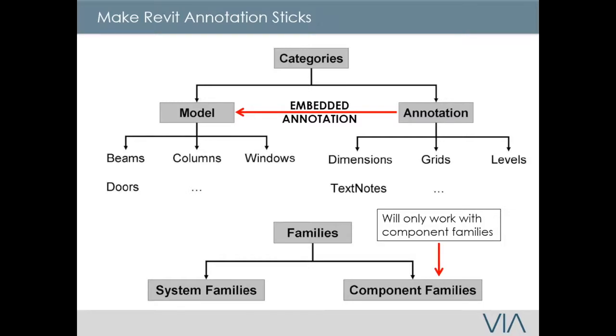Whenever you have a family itself, it will report back that information. The tag will always be there. Now, this will only work if you are in component families. It would not work with a system family. Here it says that it only works for certain things.